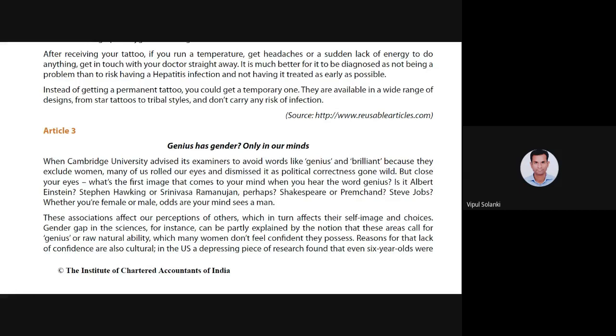So these words, genius and brilliant, are closely connected with men. There are a lot of genius women, a lot of intelligent women in the history of mankind. But when these words are pronounced, generally the images that surface in one's mind are the images of men. Fine. So how to start an article? This is a beautiful example that will generate interest in the reader.